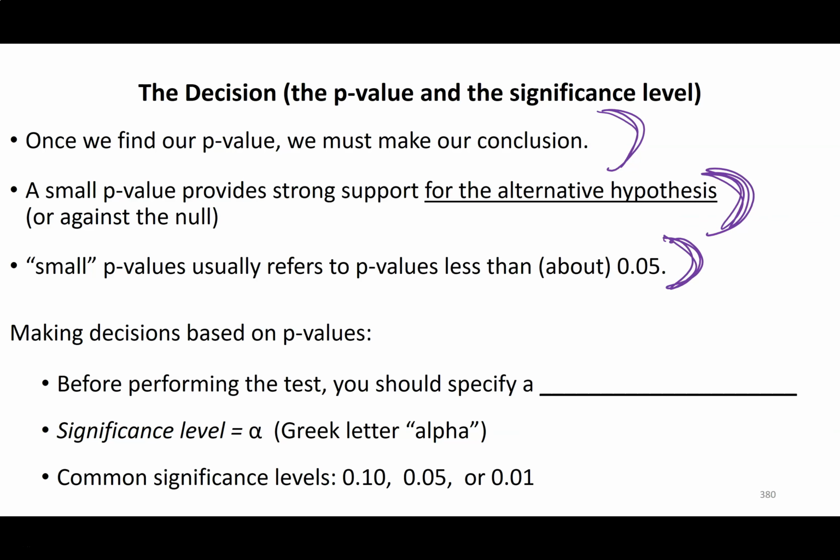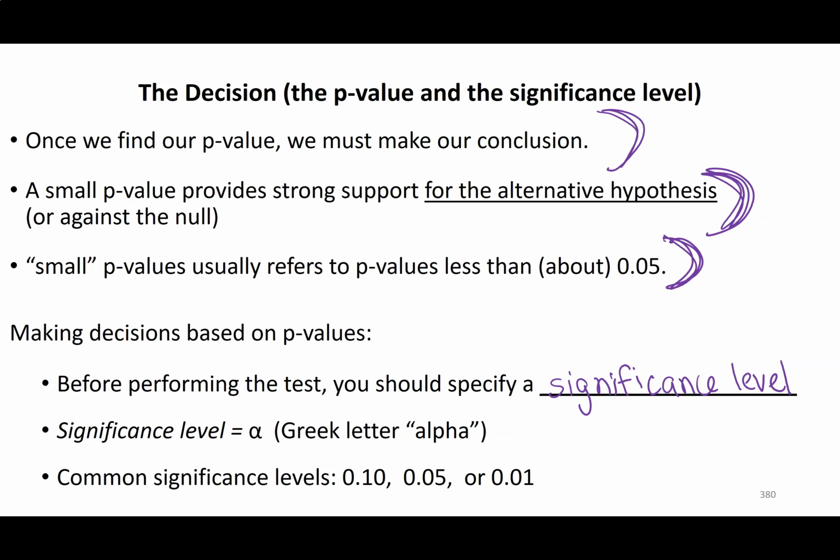The smaller the p-value, the stronger the evidence. Before you calculate a test statistic and a p-value, you need to specify your significance level. It's really, really important. This is saying, okay, if my p-value is below this point, I'm going to reject the null and go with the alternative.